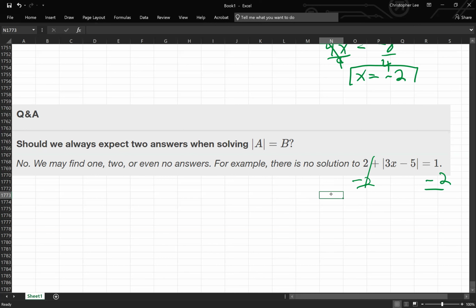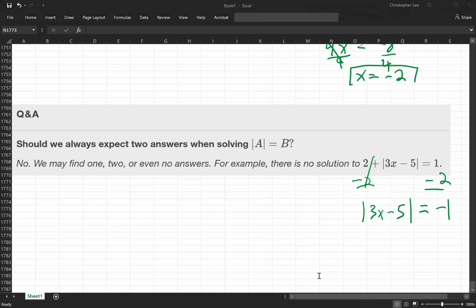So now I have the absolute value of 3x minus 5 is equal to negative 1. But I can't get an absolute value of negative 1. That doesn't make sense. There's no solution there.